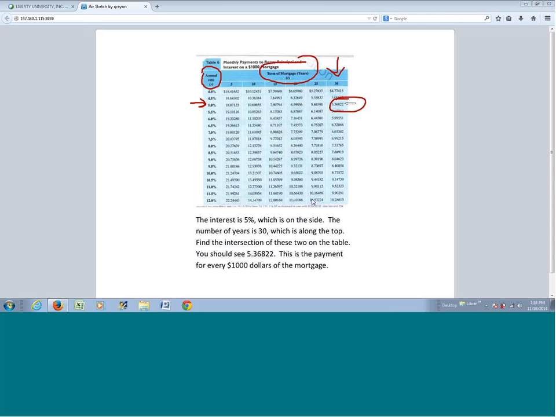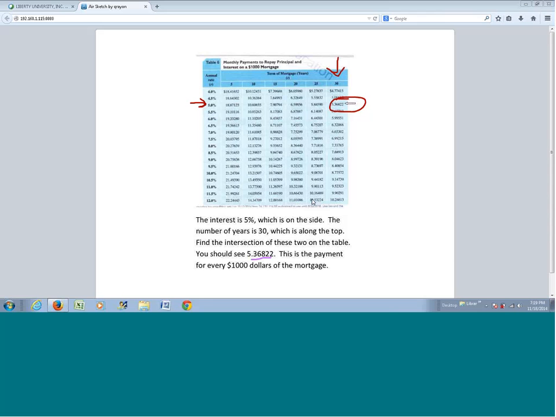So what this tells us is that for every $1,000 that we have in the mortgage, we are going to have to pay whatever it says right there, and that's 5.36822. That's the number you see where I've circled in red. So for every $1,000 in the mortgage, that is what you would have to pay.